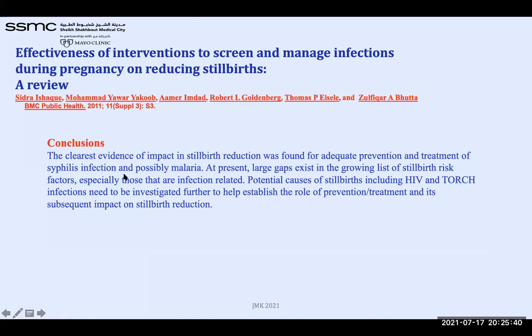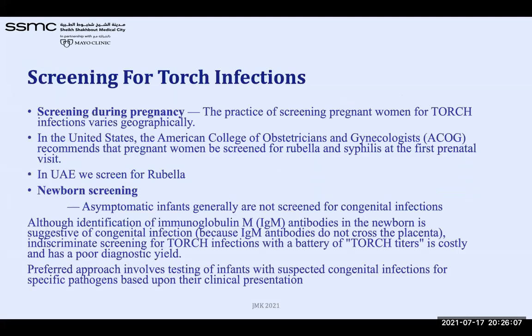What they mention is that potential causes of stillbirth, including HIV and TORCH infection, need to be investigated further to help establish the role of prevention and treatment and its subsequent impact on stillbirth reduction. So they are also saying that we have to screen, and we can prevent those stillbirths. So these are the two articles. If you are interested, please review them.